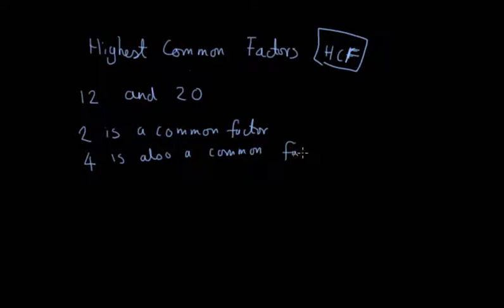And it's easy for us, simple arithmetic, that there's no other common factors between 12 and 20. So 4 is the highest common factor of 12 and 20.